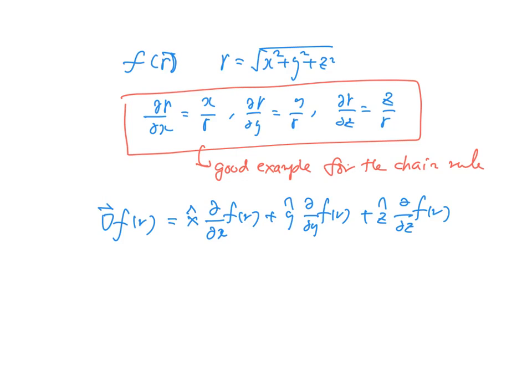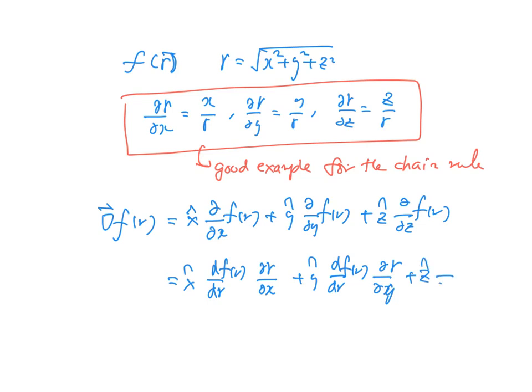And then you can apply the chain rule to each of the components. So partial f over partial x becomes df/dr times partial r over partial x, and likewise for y and z.